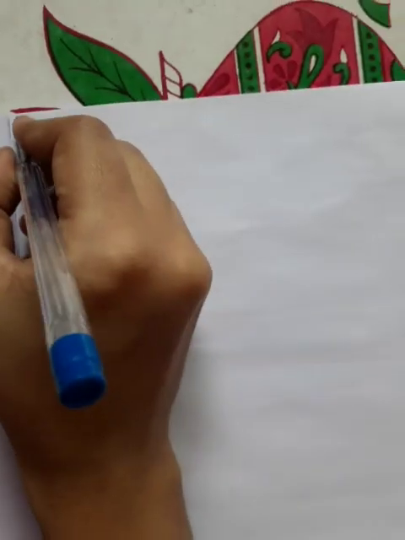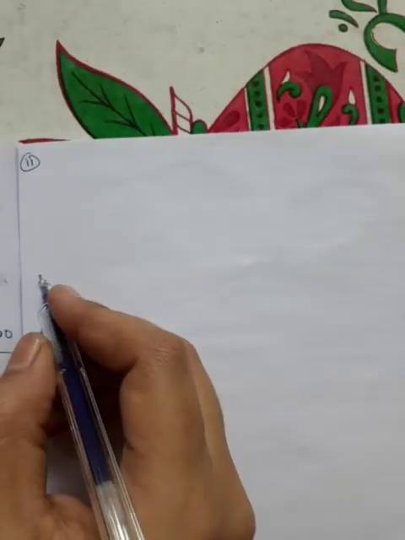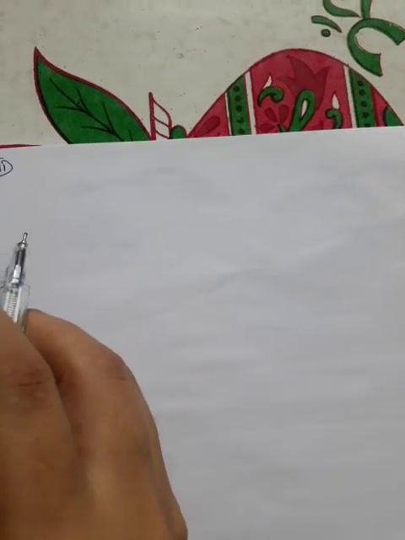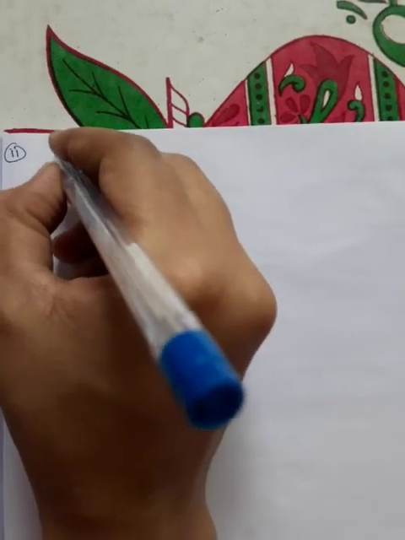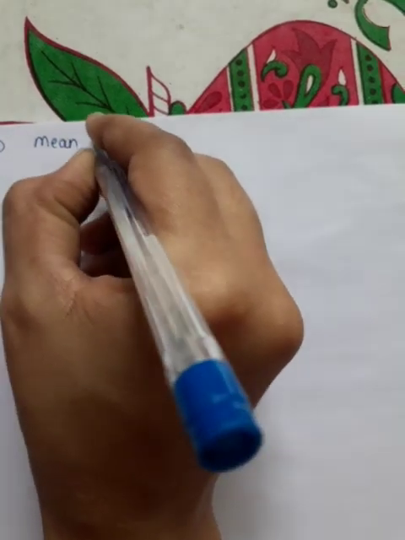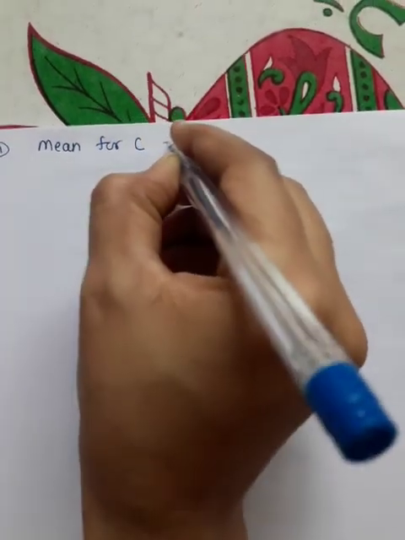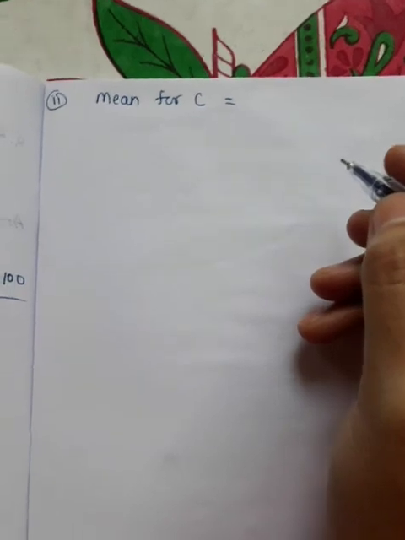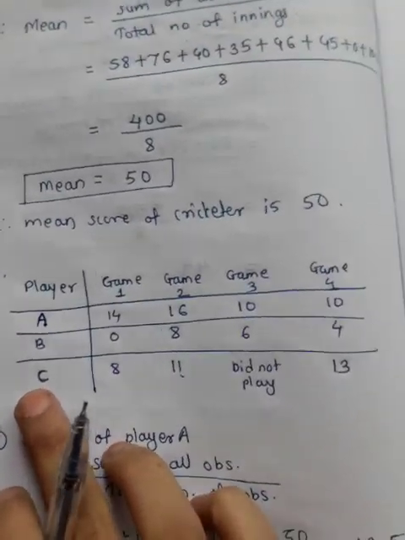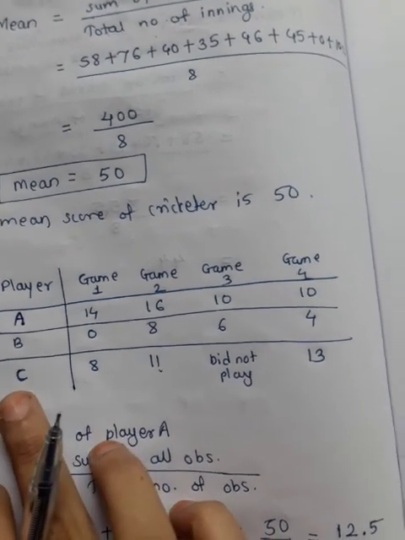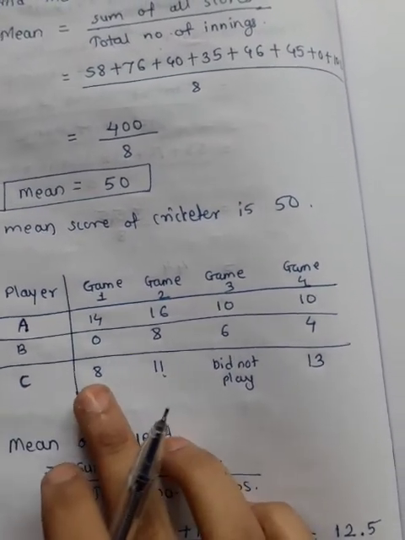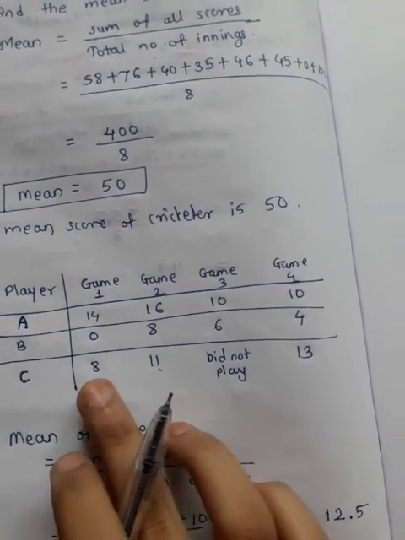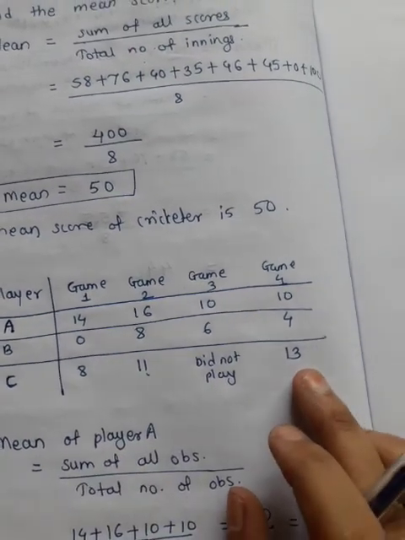Okay, now see sub question 2. In sub question 2, to find the mean number of points per game for C, means we have to find the mean for player C. So see the row of player C. They have given the scores in game 1, game 2 and game 4.